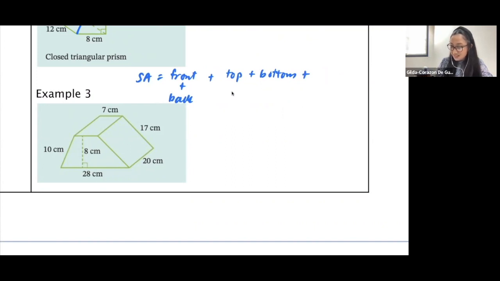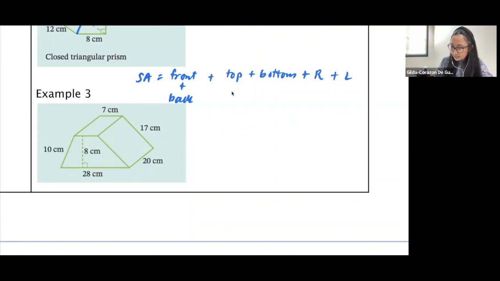The two sides are different, so you can't just simply double them, right? Although they're opposite sides, they would have different areas. So you might probably want to just have the right side plus the left side, yeah?